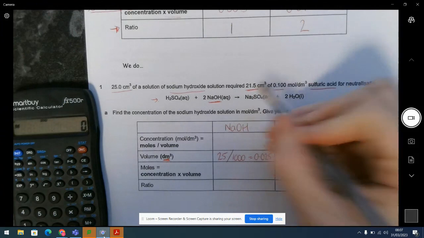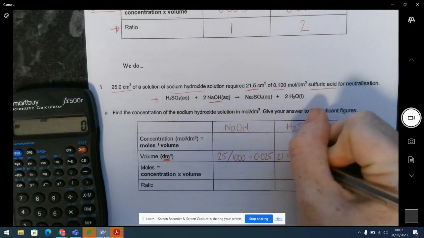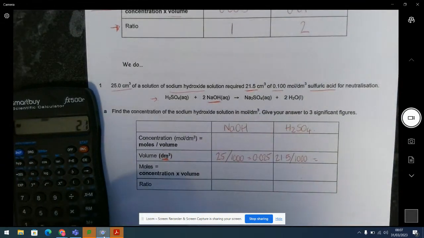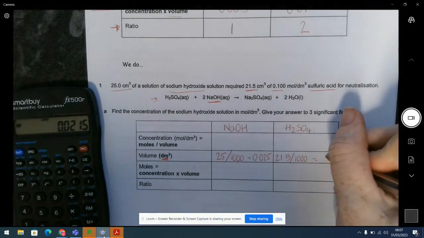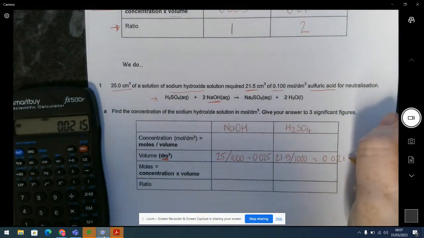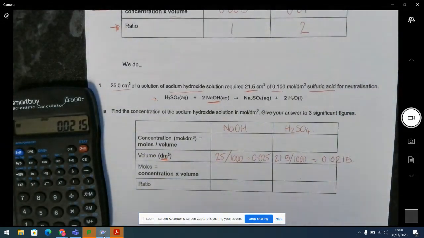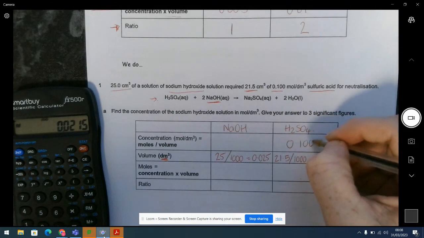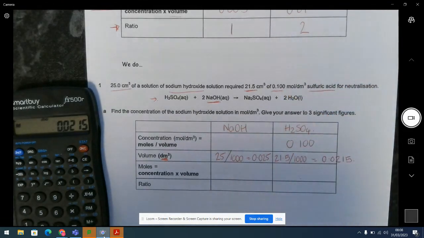And I can see that I've got my volume of 21.5, which again, I'm dividing by 1,000 to get it into decimeters cubed. Now, I know it seems straightforward, but I would always put things into a calculator just to double check, okay? So I've got my volume and I have this time a concentration value from the question of 0.1.